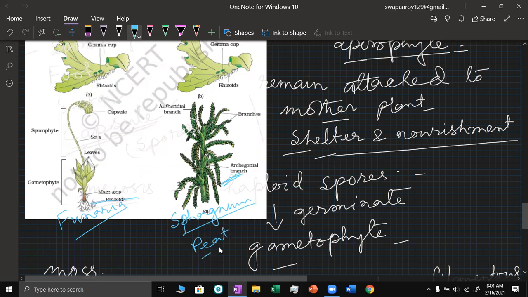So it is also known as peat moss or bog moss, and Funaria is the most common moss.